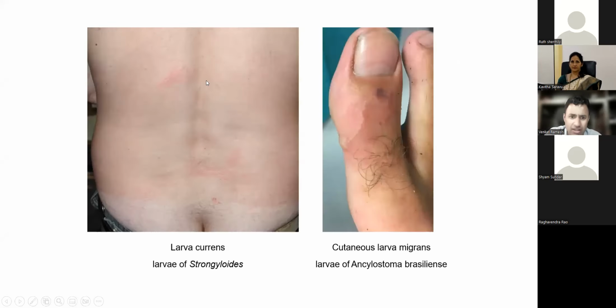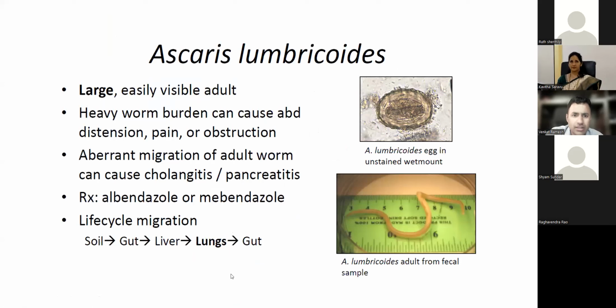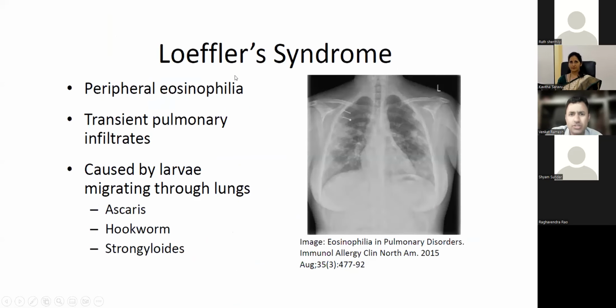And this is larva currens, and that has to be differentiated from the very slowly progressive rash of cutaneous larva migrans. So I think we've discussed most of this. Loeffler syndrome is one particular clinical syndrome we need to remember, predominantly described for the roundworm Ascaris, and less for the other pathogens.